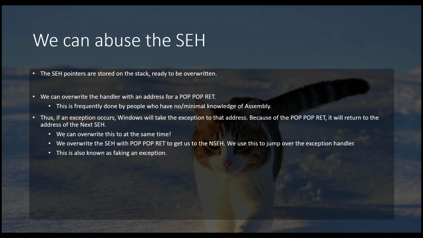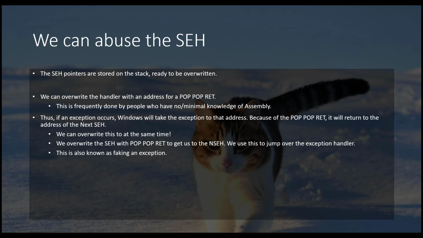So we can abuse the structured exception handler. We can overwrite those pointers. We can provide it with an address for pop ret. And you don't really even need to know assembly. I mean, it could be Script Kiddie 101, no knowledge of assembly, because it's not going into too much complexity at this stage.